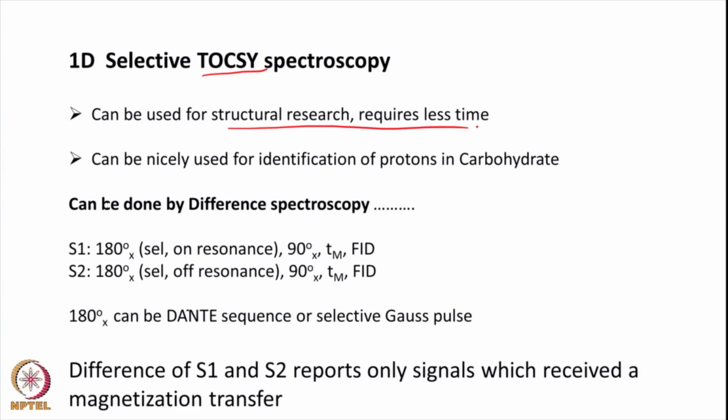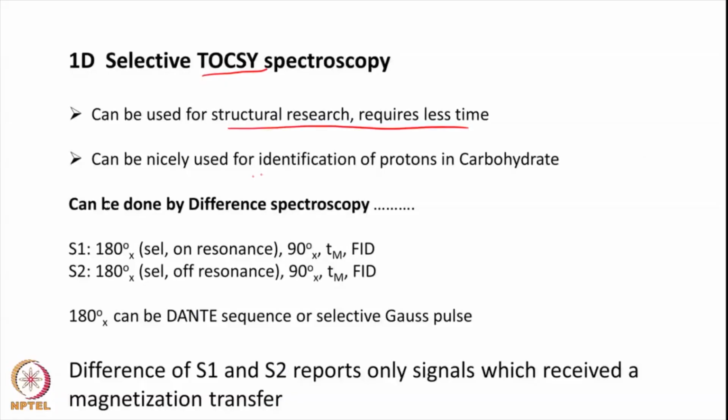This polarization concept can be used for transferring the magnetization in 1D fashion, and like the example we showed in the last slide, it can be nicely used for identification of protons, say in a carbohydrate.